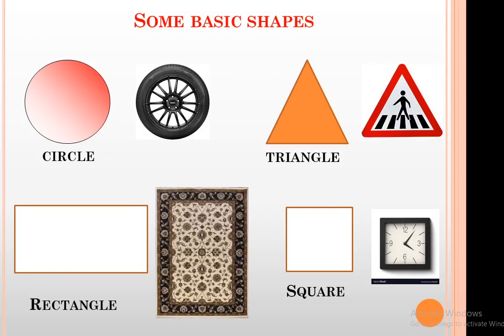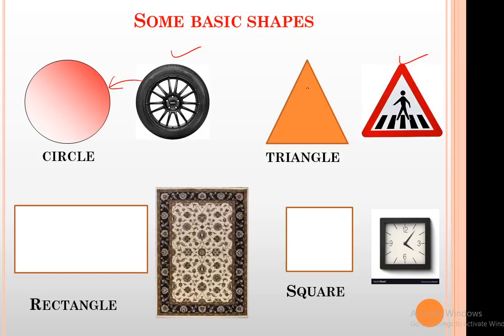Just have a look at these pictures. The first picture is of a tire. Its form is like a circle. So we can call that the tire is circular in shape. The second picture is of a crosswalk signboard.